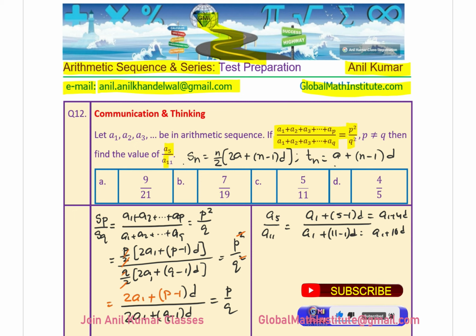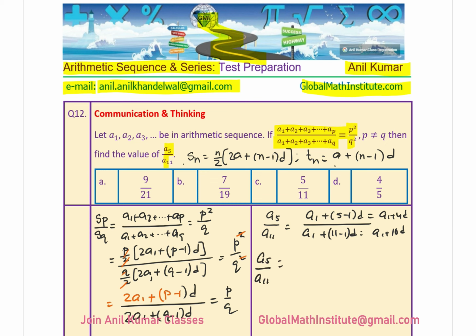So we can say that a5 over a11 is equal to, multiplying both numerator and denominator by 2, (2a1 plus 8d) over (2a1 plus 20d). Makes sense? Is that clear to you? I just multiplied numerator and denominator by 2, so I got something which I can compare. So this is 2a1, this is 2a1, and here we have d and d.